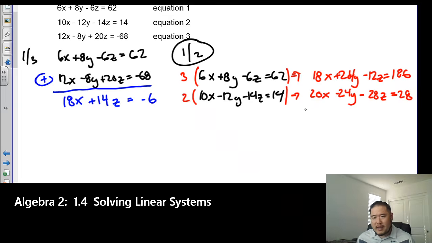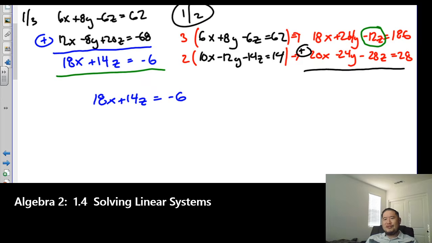So now we get to add these two equations up and be left with x and z. The numbers weren't looking so good. And so what ended up happening as I was looking at the problem right here, this is where things get a little dicey. I have a circle there in green. That right there, 6 times 3 is not negative 12.